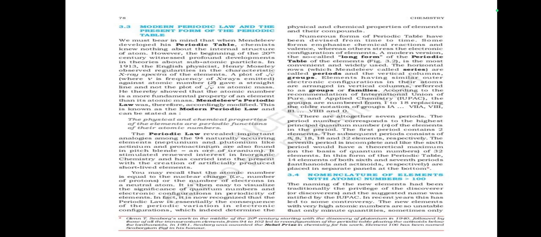The modern version, the so-called long form of the periodic table of the elements, Figure 3.2, is the most convenient and widely used. The horizontal rows, which Mendeleev called series, are called periods, and the vertical columns, groups. Elements having similar outer electronic configuration in their atoms are arranged in vertical columns, referred to as groups or families, according to the recommendation of the International Union of Pure and Applied Chemistry (IUPAC).